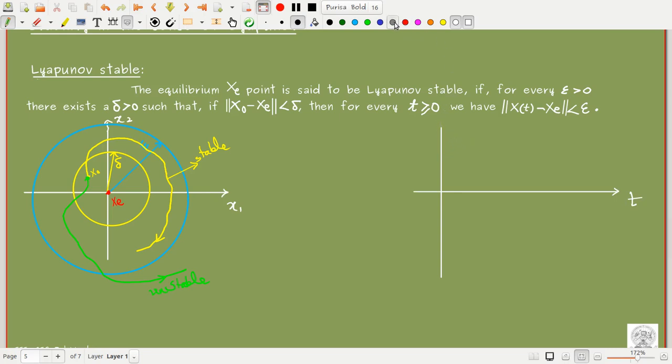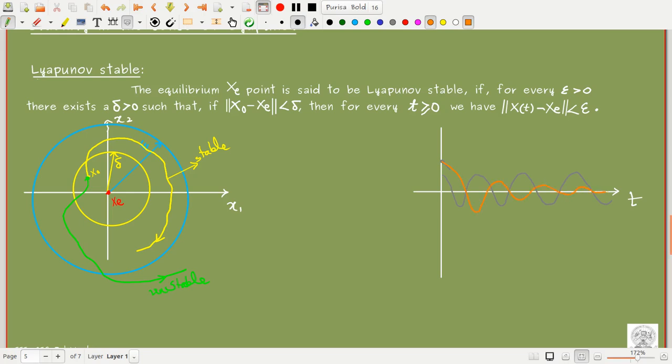For example, I know this kind of plot, some oscillatory plot like this, and another plot coming like this, with some initial point here.